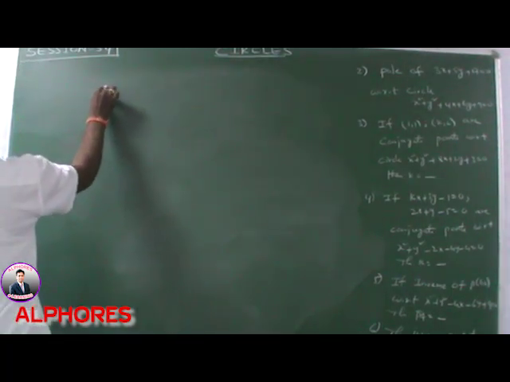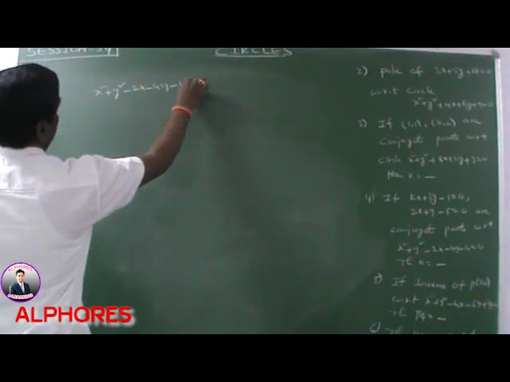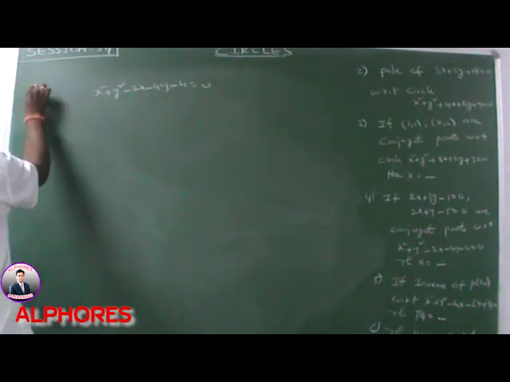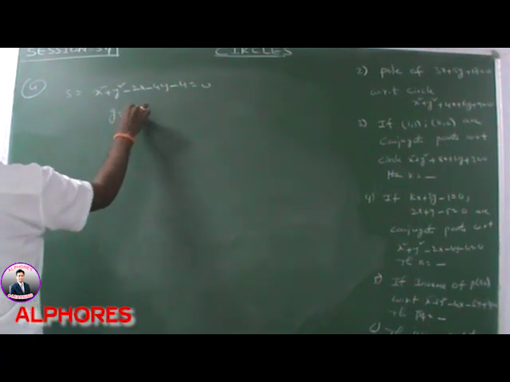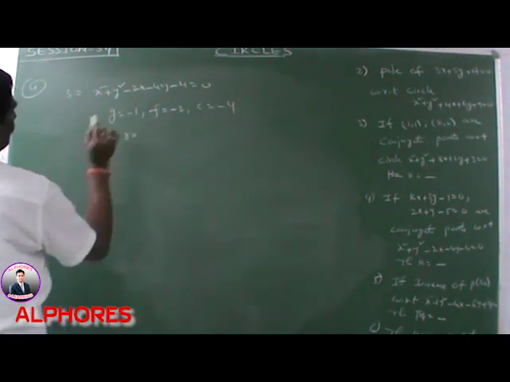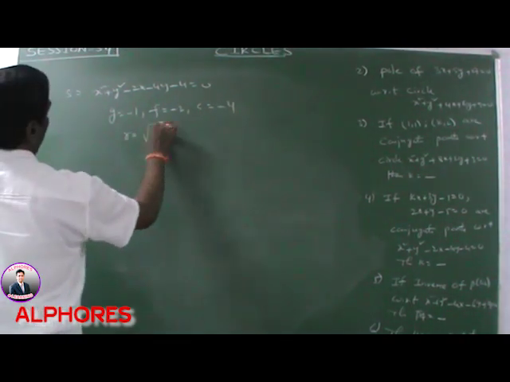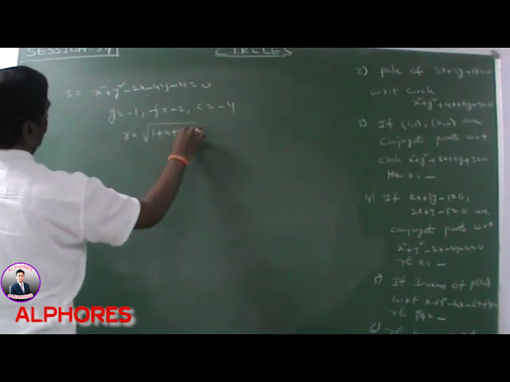Here the given circle is x square plus y square minus 2x minus 4y minus 4 is equal to 0. It is the given circle. What is the value of g? 2g is equal to minus 2 means g is equal to minus 1, f is equal to minus 2, c is equal to minus 4, and at the same time radius is equal to root over g square means 1 plus 4 minus of minus 4, that is equal to 3.